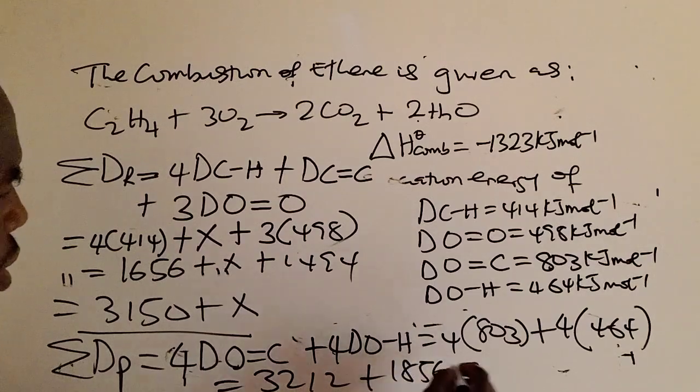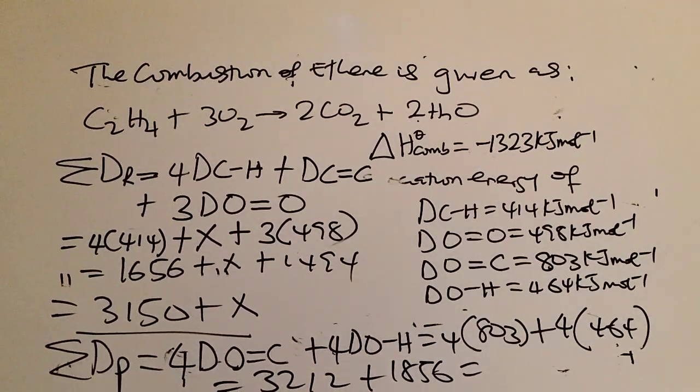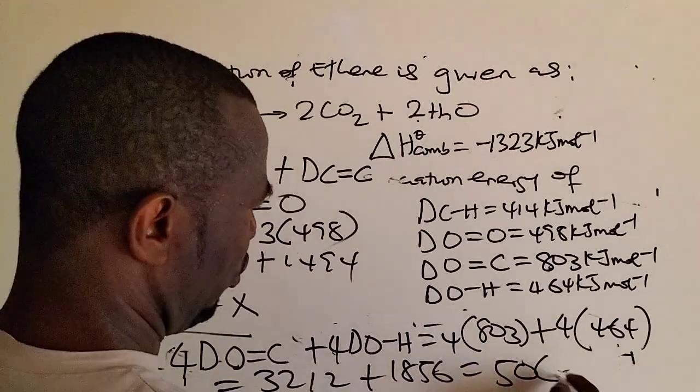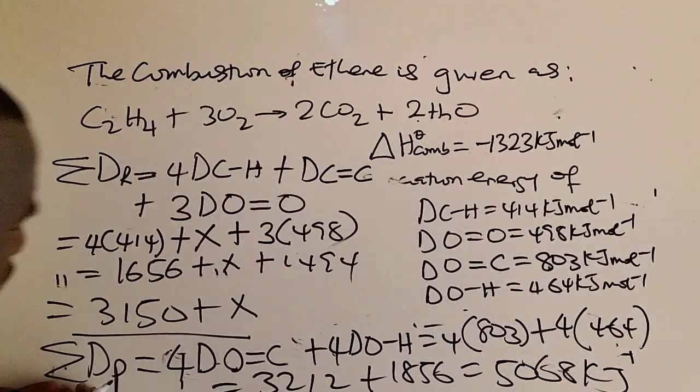If you add them together, 3212 plus 1856 gives us 5068 kilojoules. So this is the bond energy of the product.